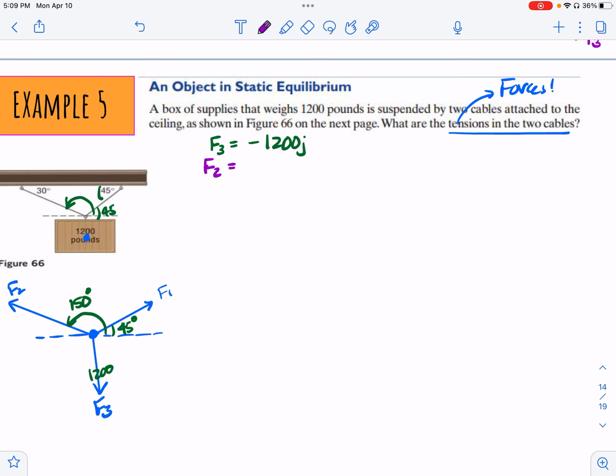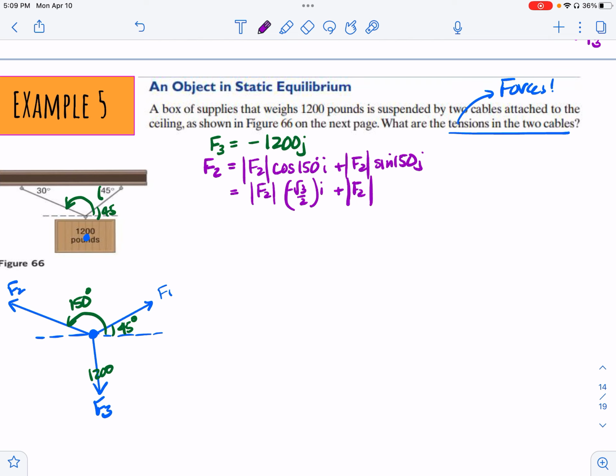So F2 would be its magnitude. But please know we don't know its magnitude. Be cosine of the angle I plus, again, F2 sine of the angle J. Now we don't know F2, so F2 is going to stay as F2. That's what we're trying to find. Cosine of 150 is negative root 3 over 2, to get I with it.